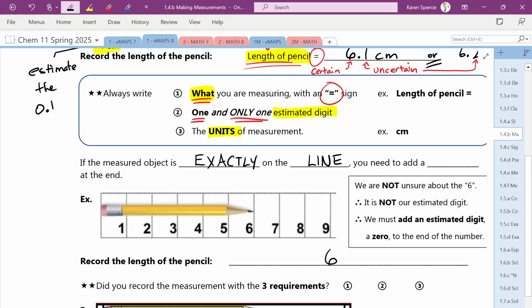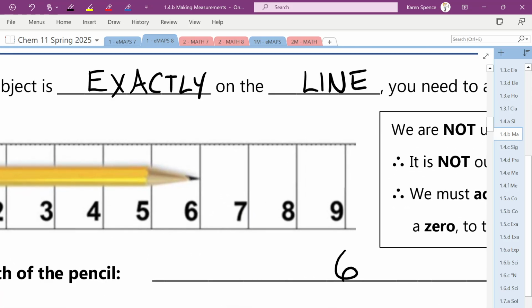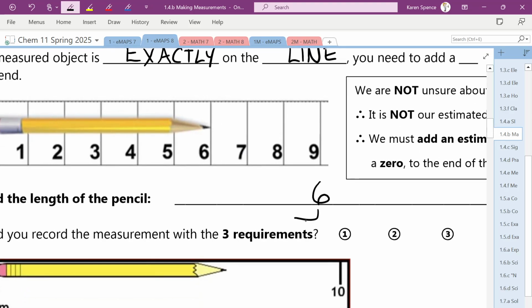No, I have to have 6.0 because remember, I have to have an estimated digit. Is the 6 estimated? Am I wondering, is it a 6? Could it be a 7? Anyone wondering that? No, you're like, no, it's obviously a 6. We're not unsure about that. This digit here is certain.